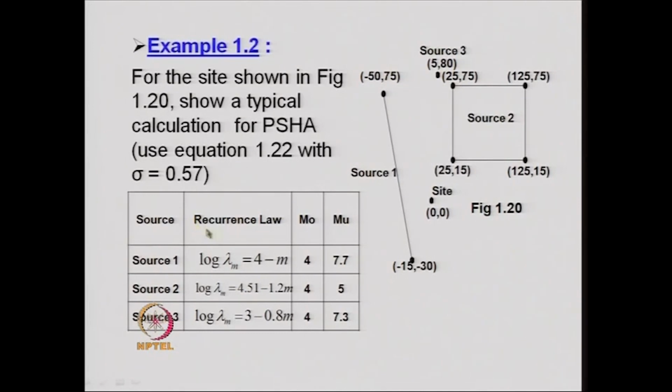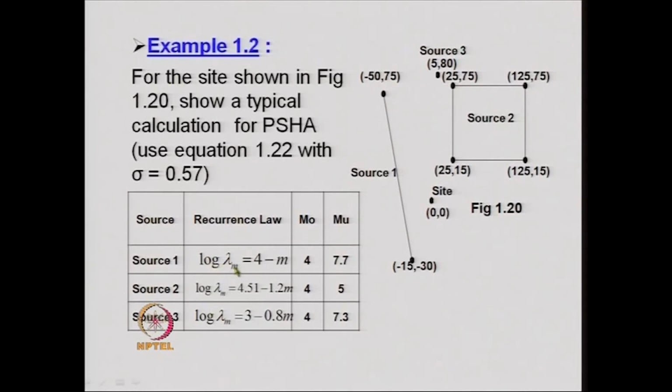The Gutenberg recurrence law, which gives the average rate of exceedance of a certain magnitude of earthquake, is given by this, and mind you, this log is base 10.